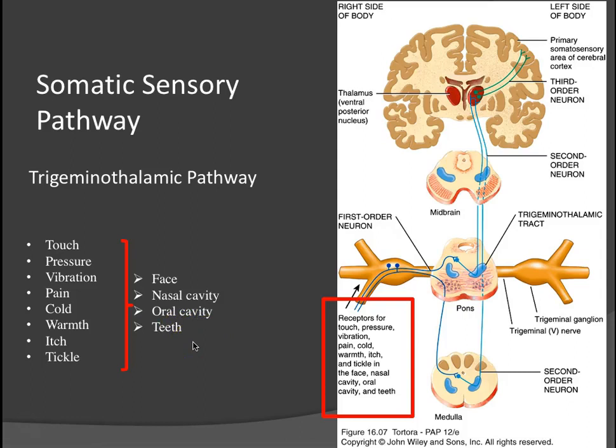So you don't have that one. But basically all that information, remember we covered everything except for our face. So this trigeminal thalamic pathway is going to give us information about our stuff in our face. But we still have that same setup. First order neuron makes contact with the second order neuron, which goes up to the thalamus, to a third order neuron, to that primary somatosensory area.